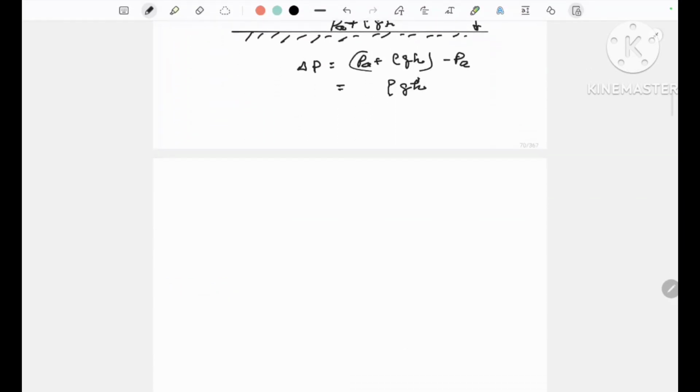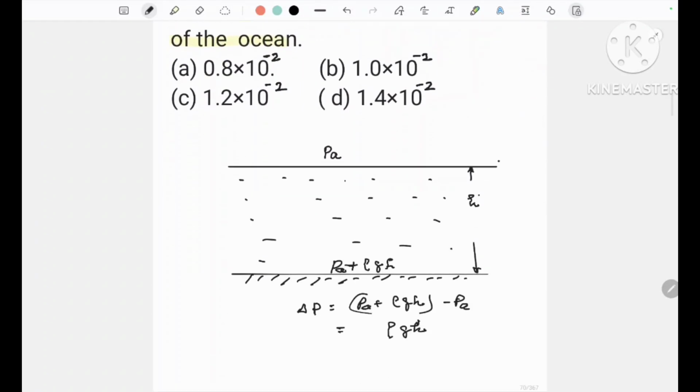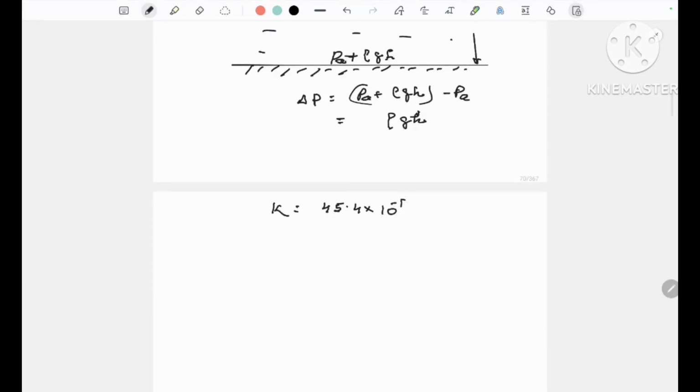Compressibility K is 45.4 into 10 to the power minus 11. Bulk modulus will be reciprocal of K, and that is 10 to the power 11 upon 45.4.